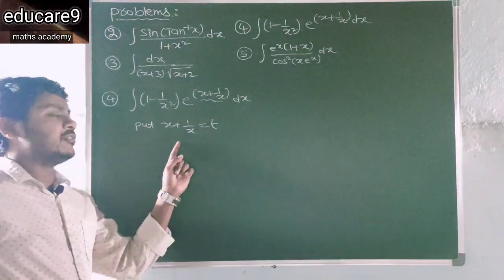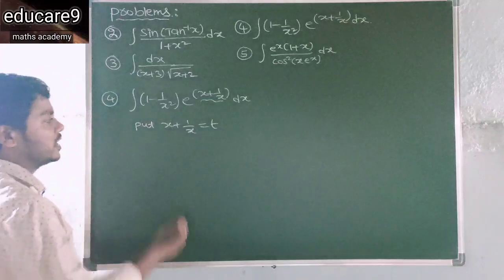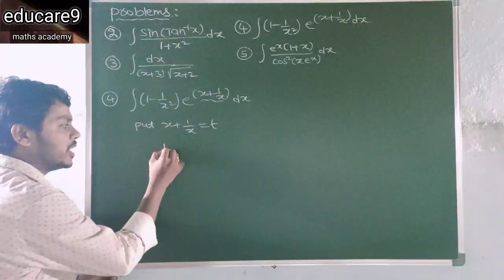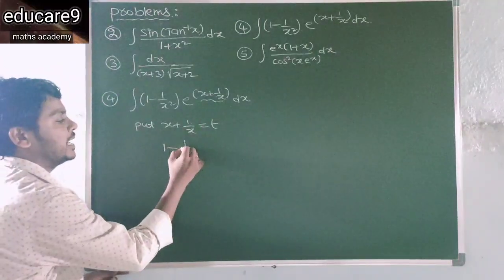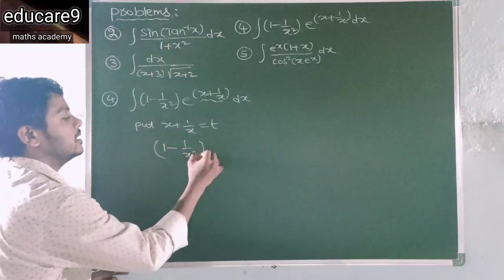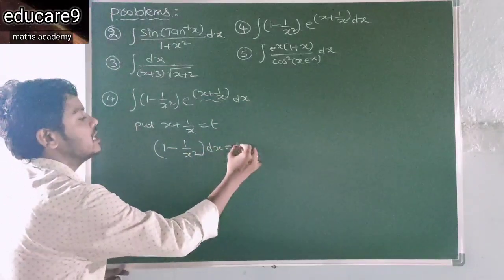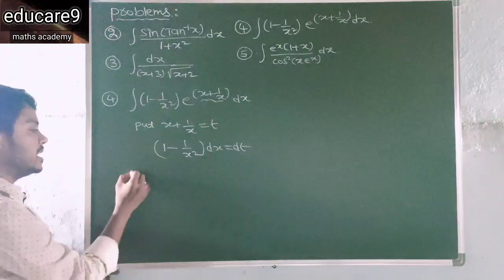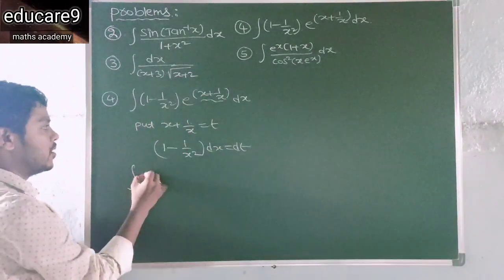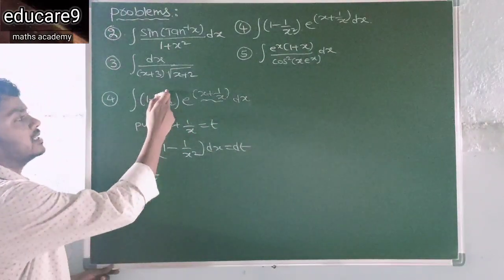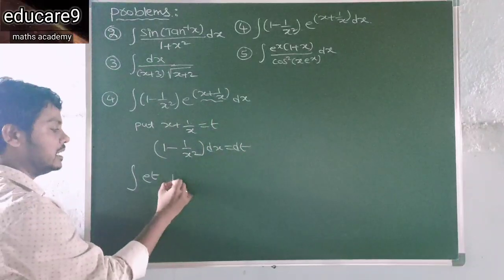Differentiate with respect to x on both sides. What you get? (1 minus 1 by x square) dx is equal to dt.